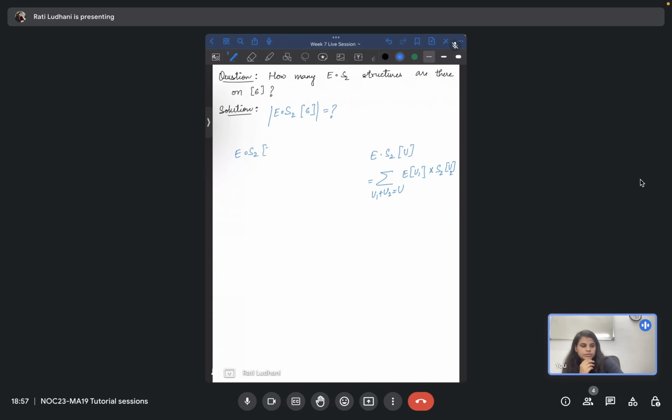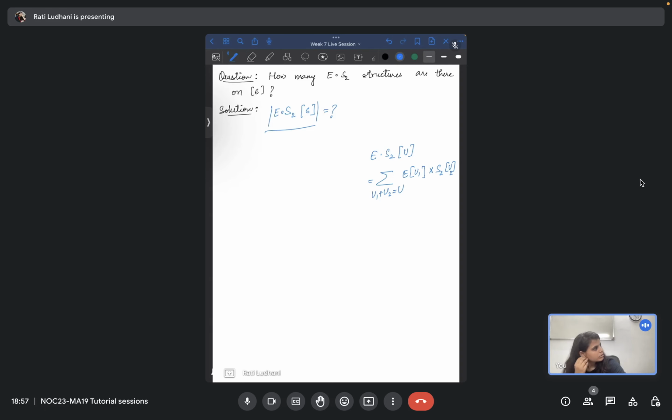I'm just saying, how shall we start? Basically, what do we know about these values? First we need to calculate S2 of 6, then put E of that. Yes, we can definitely do that.